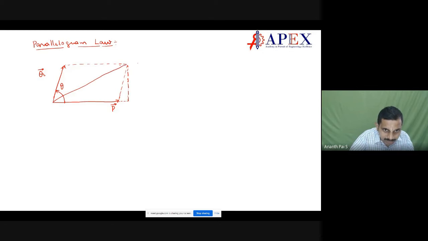This line represents P plus Q. This is the parallelogram law stated. Already stated that this line represents the addition of vectors. Now let us understand this.